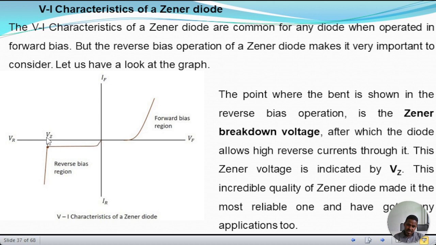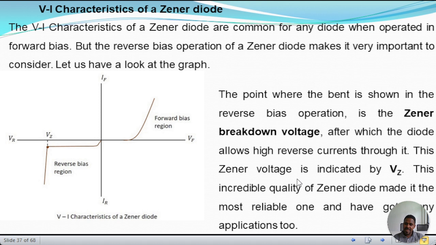When the reverse breakdown voltage is reached, which we call VZ, the voltage is constant and the current keeps increasing. This point shown in the reverse bias operation is the Zener breakdown voltage, after which the diode allows high reverse current through it.